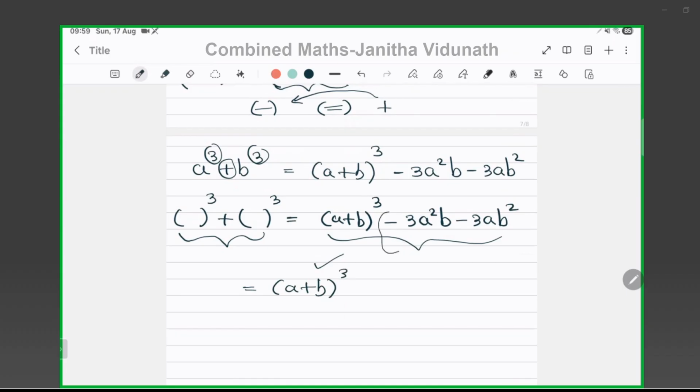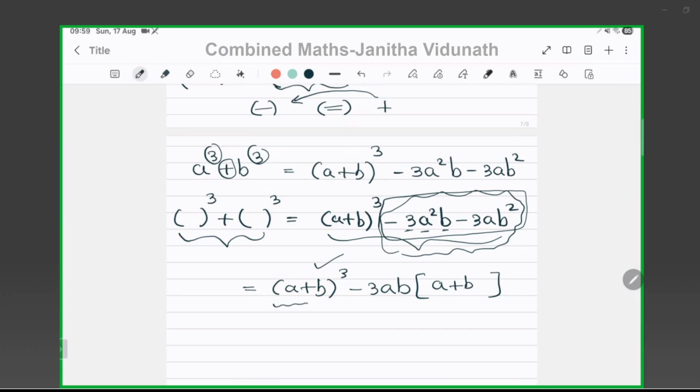When we consider these two terms, we can see that minus 3 times ab is common for both terms. After factoring out those terms, we get (a plus b) inside the bracket.